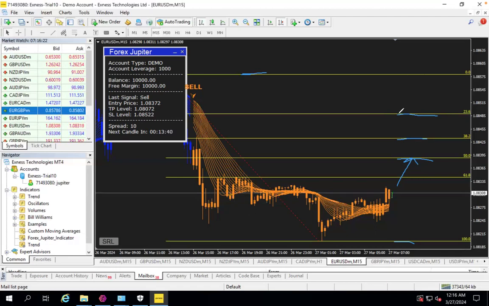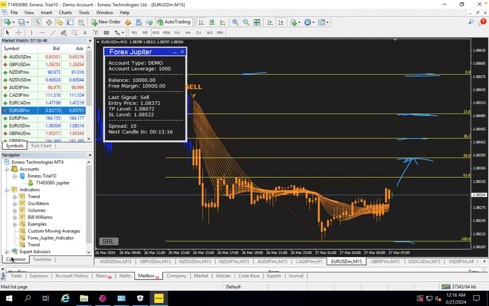If you are taking entry at 50% or at this 61.8, your stop loss will be anywhere between 23.6 and 0 here. So you have to figure out what works for you. But personally, I leave my stop loss here at this 0. Okay, so that's how I do it.